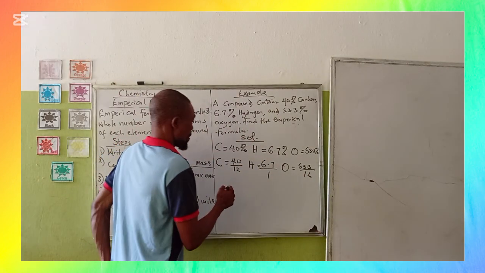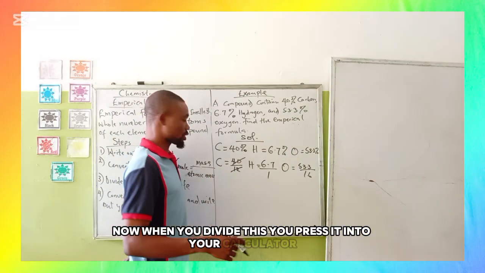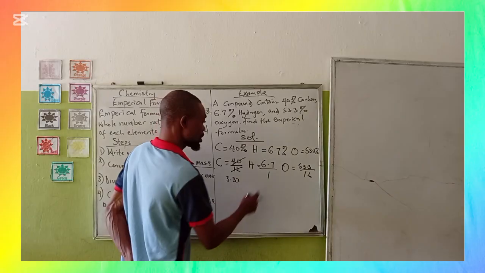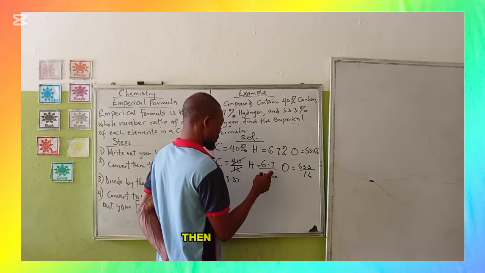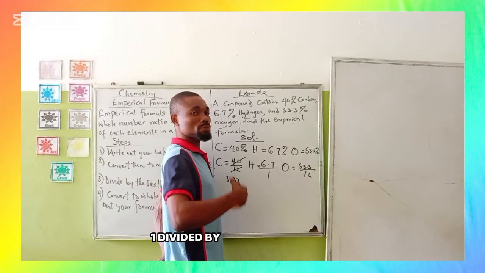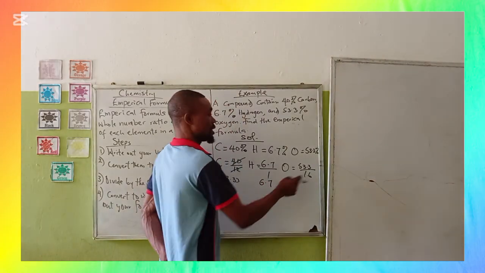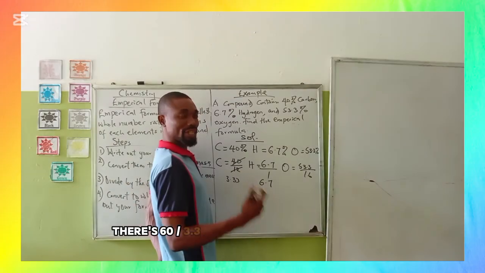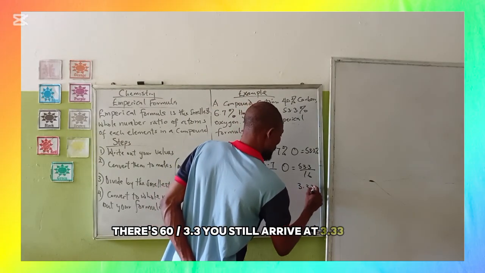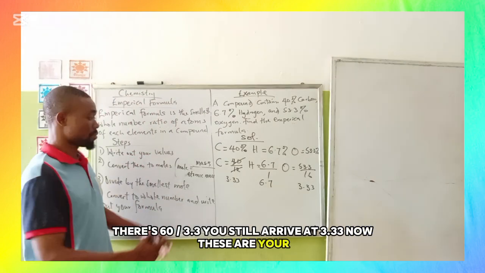When you press it into your calculator, for carbon you have 3.33. For hydrogen, 6.7 divided by 1 gives 6.7. Then 53.3 divided by 16, you arrive at 3.33.